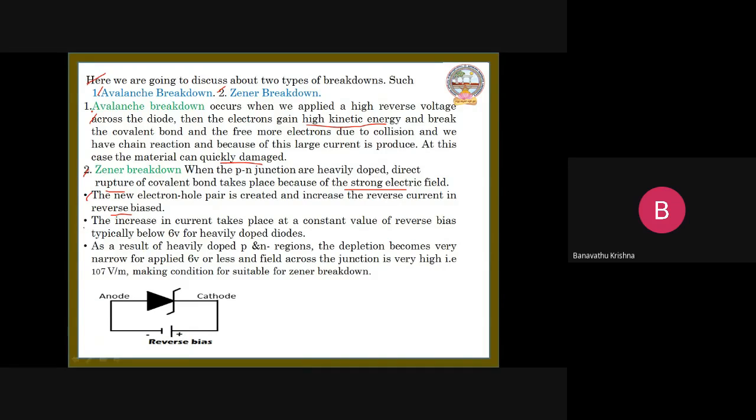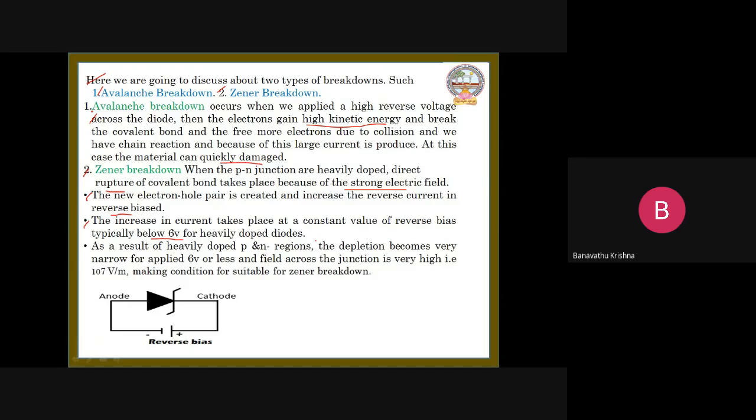Next point: the increase in current takes place at a constant value of reverse bias, typically below 6 volts for heavily doped diodes. Generally, in a normal diode, the P and N type materials are lightly doped. To make it break down, you would apply a larger amount of reverse voltage.